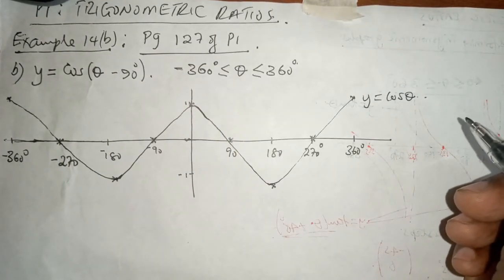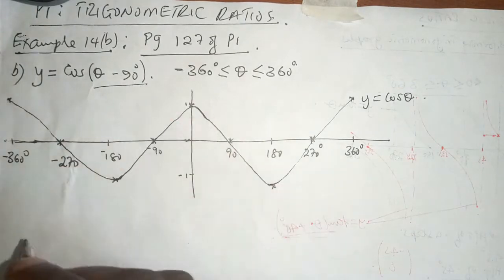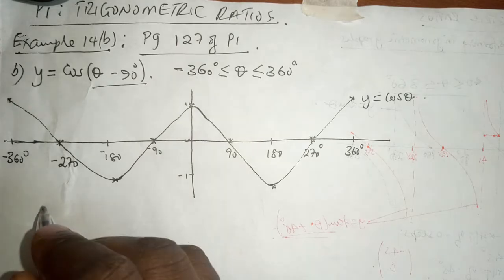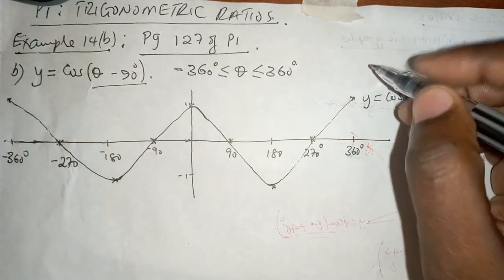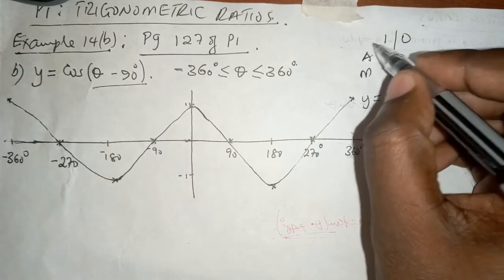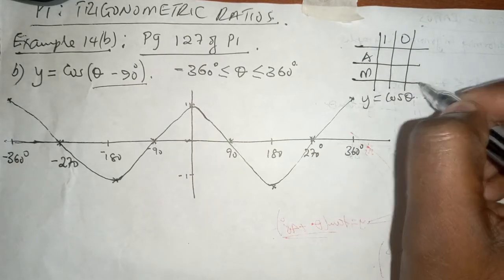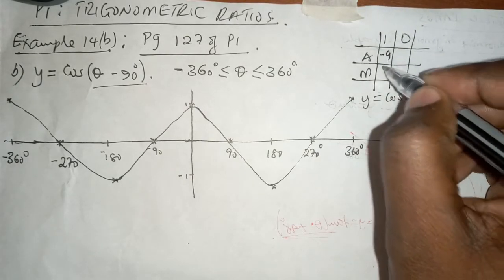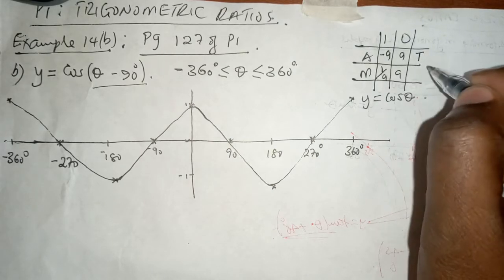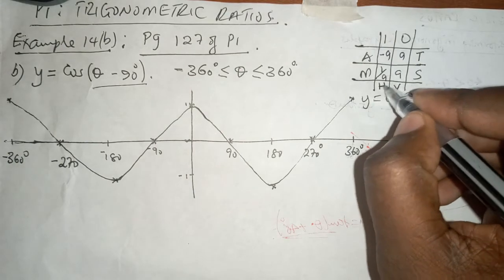Let us now concentrate on the transformation, and you realize this is addition inside. According to Mayo, the magic square of transformation: minus a, 1 over a, and a.